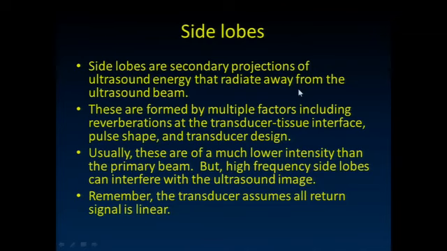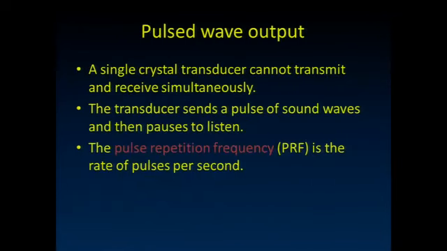They're secondary projections of ultrasound energy that radiate away from the ultrasound beam. There are a number of reasons why they occur, and I don't necessarily want to get into those, but realize we can end up hearing reflections back from them and misinterpreting that returning echo as occurring along the direction of the beam that we sent out. And so there are some side lobe artifacts that occur from that.